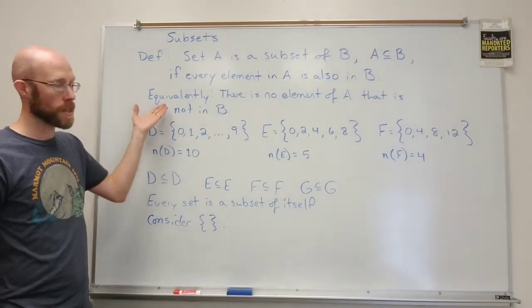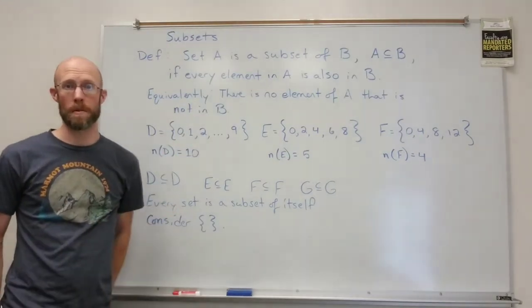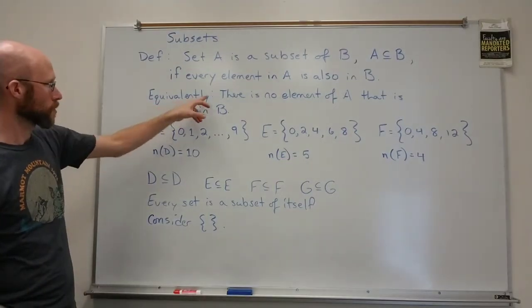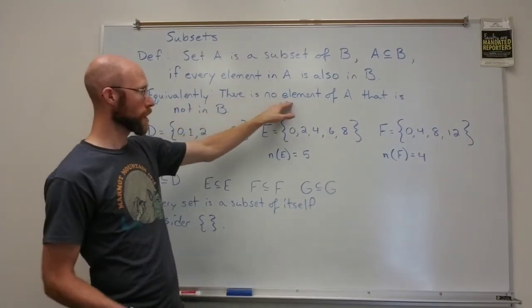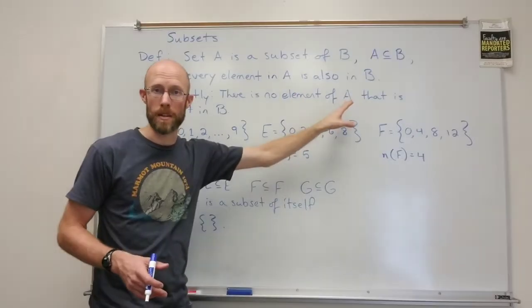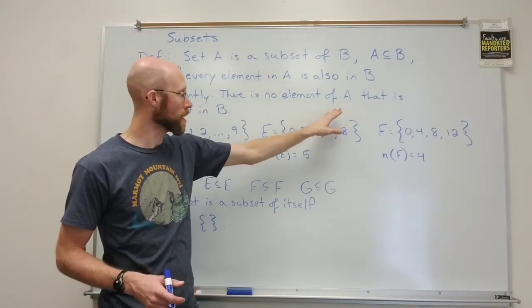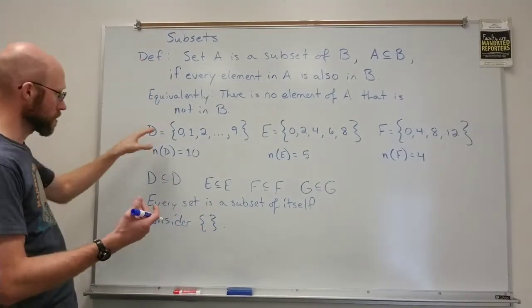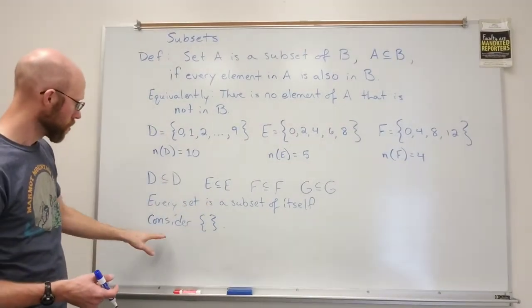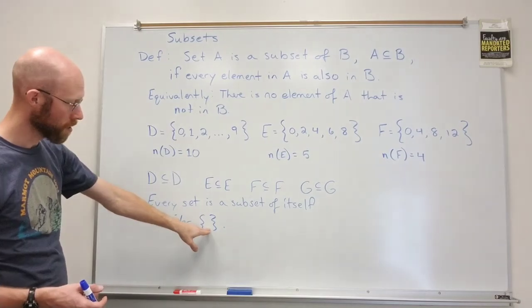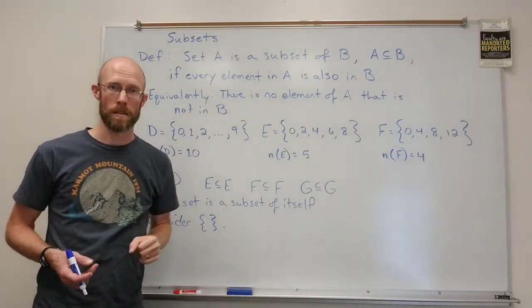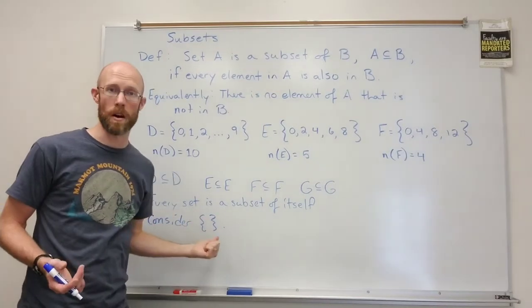So let's look at maybe the equivalent statement. Let's see if there's a better way to determine this. Equivalently, there is no element of the empty set in this case that is not in D. Is there an element in the empty set that is not in D? Well, the answer is no, there's no element in there at all.